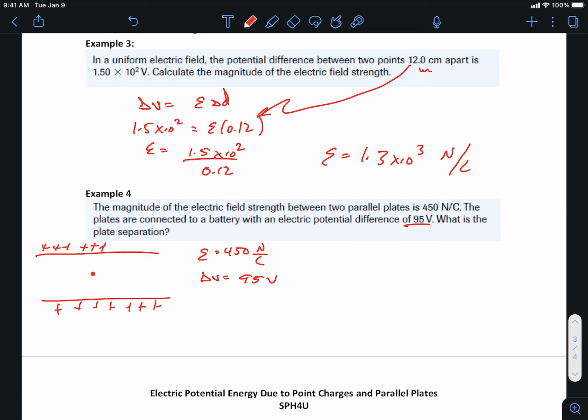Well, what is the plate separation? How far apart are these two things? Call it delta D. And we know delta D is equal to the change in voltage divided by the field strength, which is going to equal 95 divided by the 450.